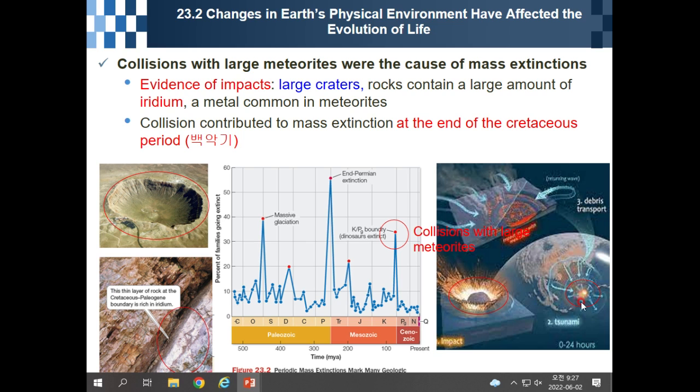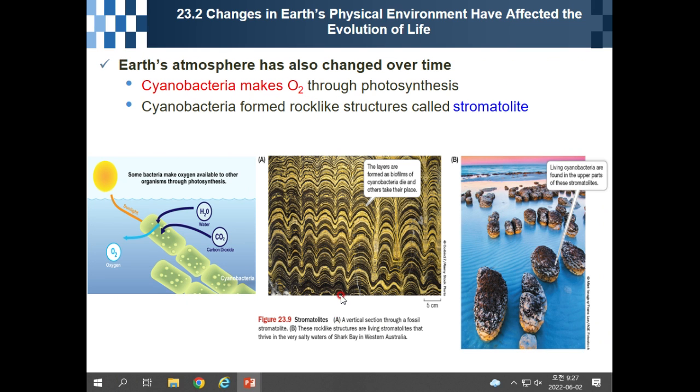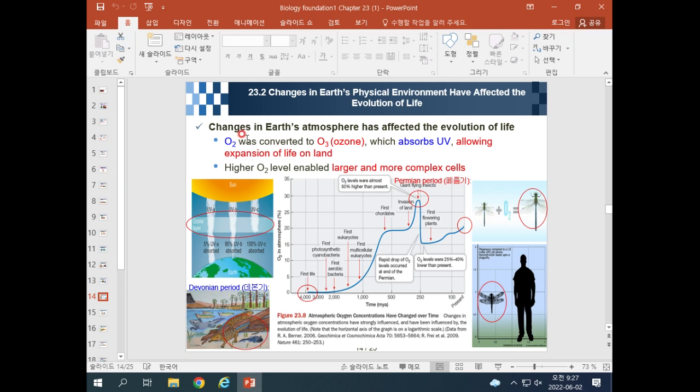After the collision, a tsunami and lots of other things happened. So it affected the evolution of life, especially making the mass extinction. Now, Earth's atmosphere has also changed over time. In the next slide, we will see that changes in Earth's atmosphere also affected the evolution of life.